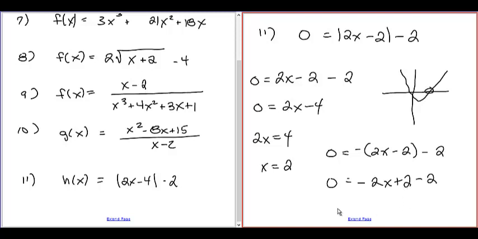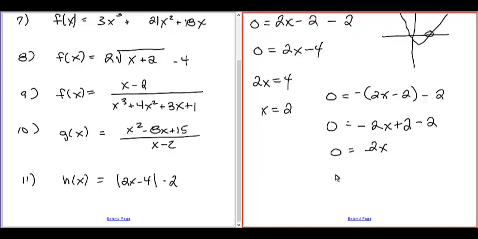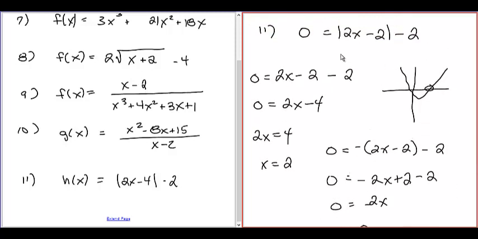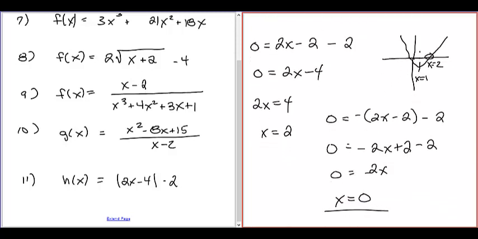These cancel out, so you get 0 is equal to negative 2x, or x equals 0. And that makes sense in some ways because this thing is going to be centered here. We'll find out later why this is true. This is x equals 1. This is x equals 2 from the first part of the problem. So just from symmetry, this is going to be x equals 0. So it looks like that's the right way to do it.